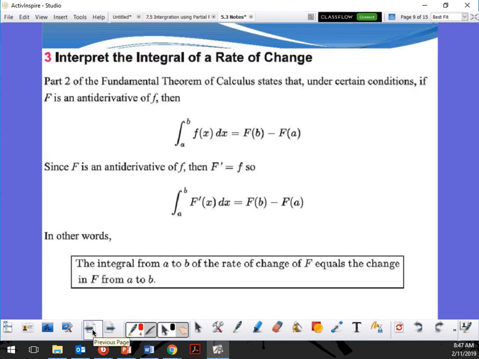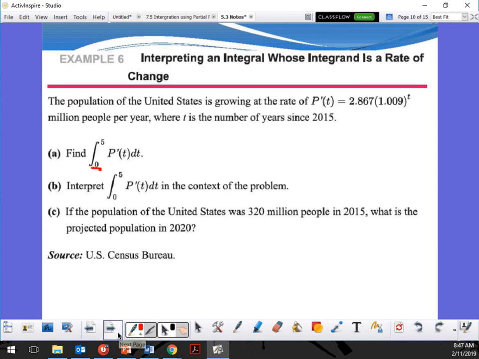Let's go back a page. So if I have this right here, F of b minus F of a, right? And I have the same thing right here. So it's going to be F of b minus F of a.